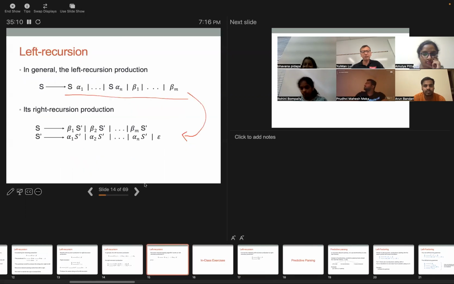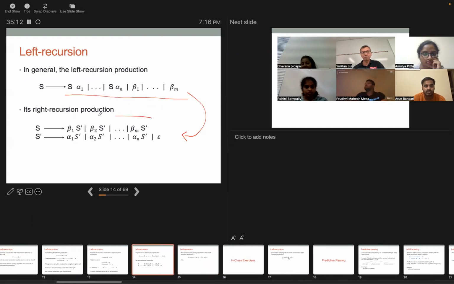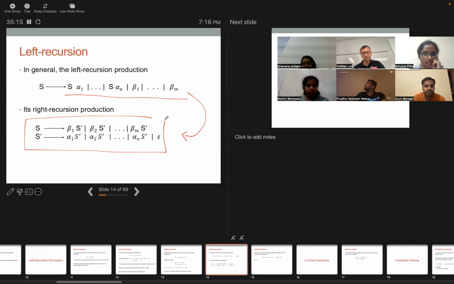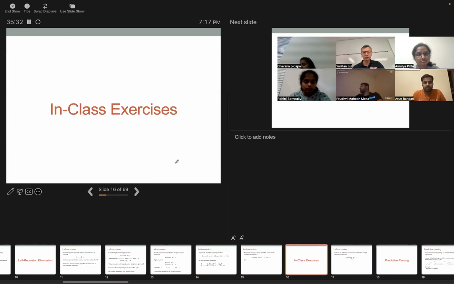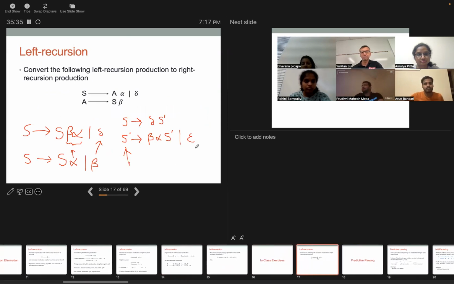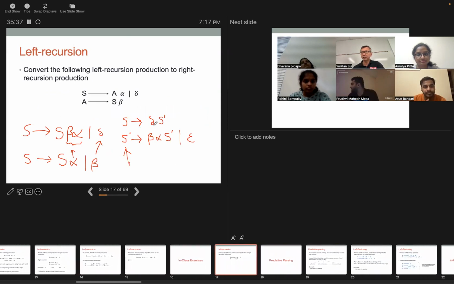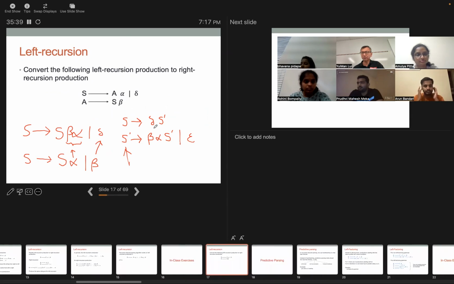Here's the general form, right? So all the betas come first, followed by S prime. And all the alphas put here, followed by S prime, or epsilon. And we just do the same thing here. This is our beta, that's our delta, followed by S prime.